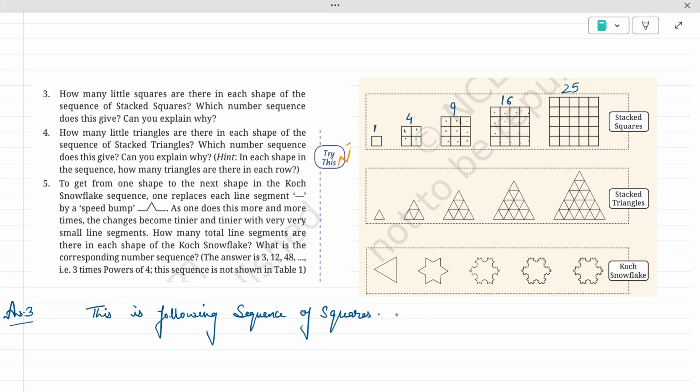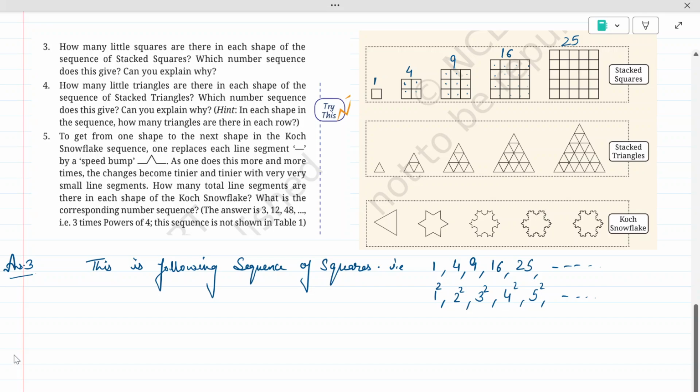Okay, and that is 1, 4, 9, 16, 25, and so on. And we can also write this as 1 square, 2 square, 3 square, 4 square, 5 square, right? Because the number of small squares is increasing in a manner of square sequence.